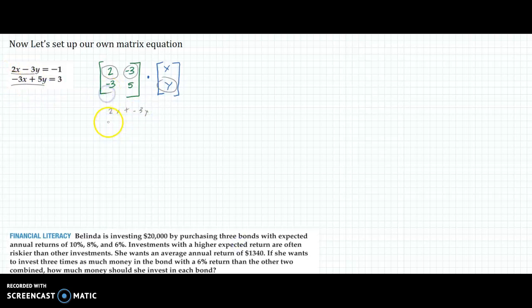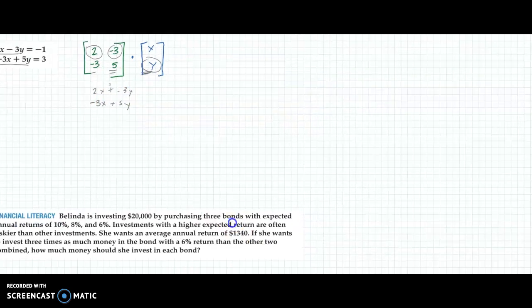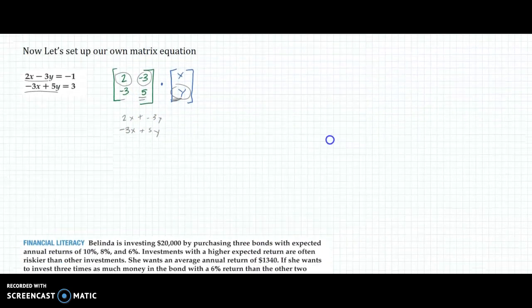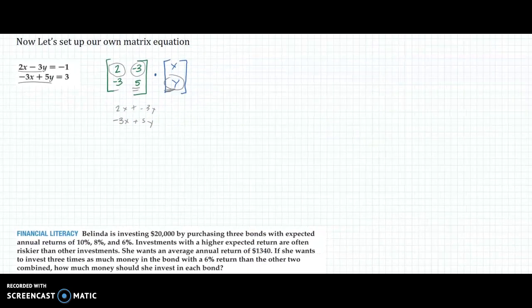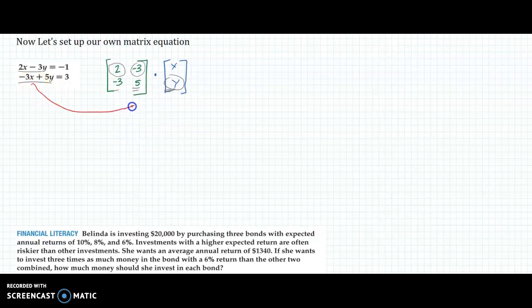Same thing here: -3 times x plus 5 times y. So that's why you're allowed to do that. You're basically rewriting the left side in a different way, and then it equals the right side. The right side is -1 and 3.